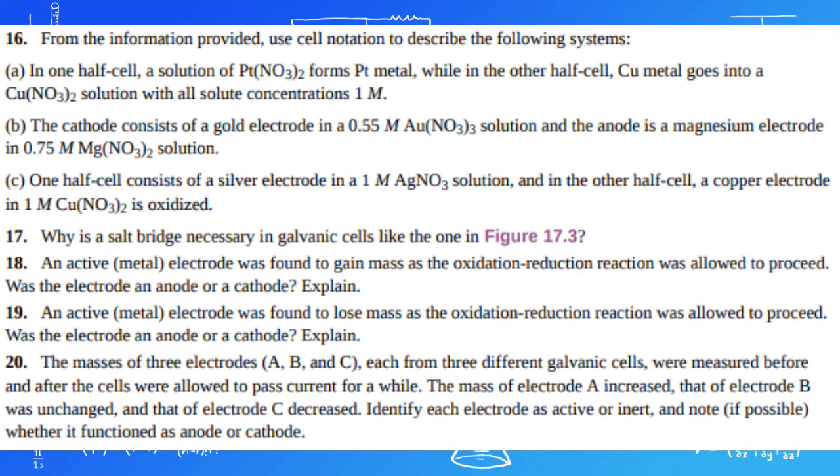From the info provided, use cell notation to describe the following systems. In one half cell, a solution of platinum 2 nitrate forms platinum metal, while in the other half cell, a copper metal goes into copper nitrate solution with all solute concentrations 1 molar. Oh, okay, so they just want you to write the... yeah, now they're calling it cell notation.